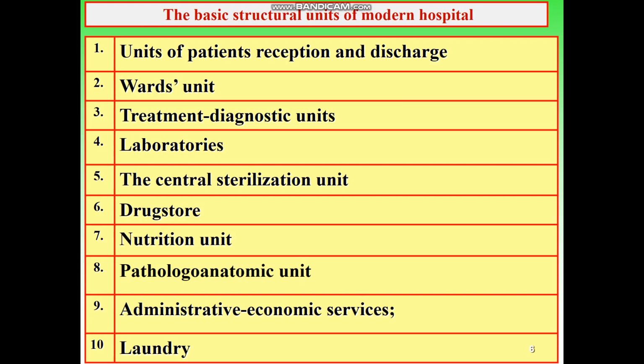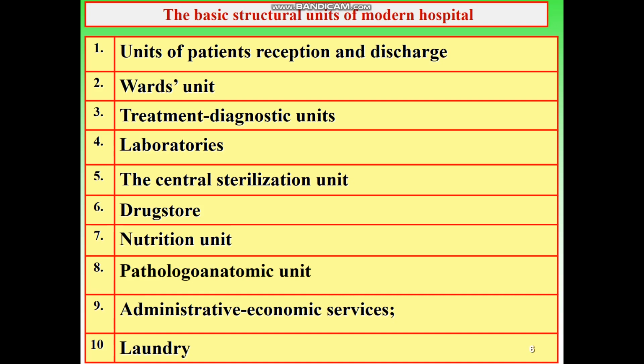The basic structural units of a modern hospital are the units of patient reception and exchange, wards unit, treatment diagnostic units, laboratory, the central sterilization unit, drugstore, nutrition unit, pathology-anatomic unit, administrative economic service, and laundry.